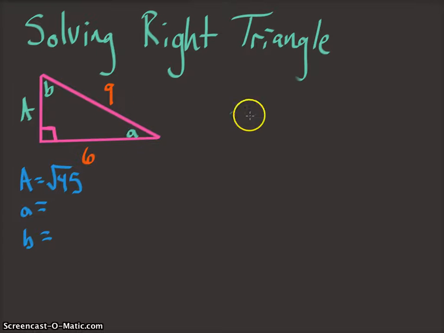For solving for angle A, side length 6 is the adjacent side, and side length 9 is the hypotenuse. The trig ratio that uses both the adjacent side and the hypotenuse is cosine. So we start with cosine of A equals adjacent, 6, over hypotenuse, which is 9.